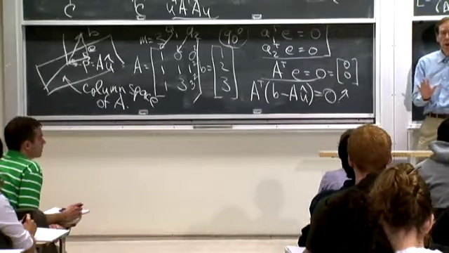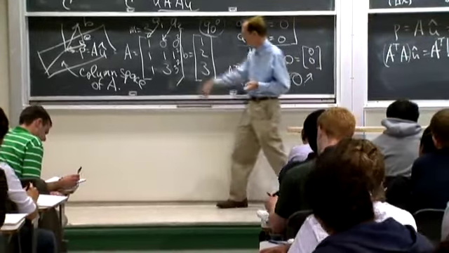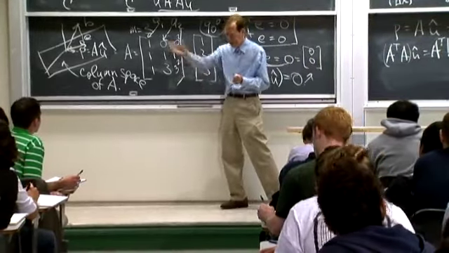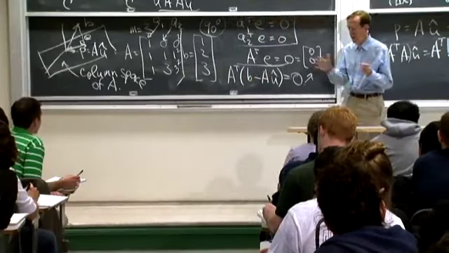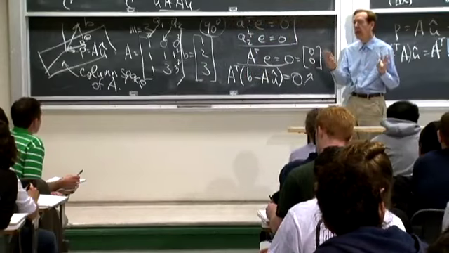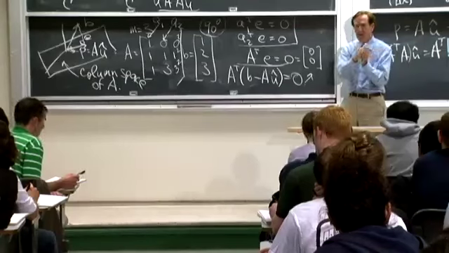Are you with me? If I have a 3 by 3 invertible matrix, these 3 columns independent, pointing off different directions, not in a plane, then when I take the combinations, I get R3. I get the whole space.